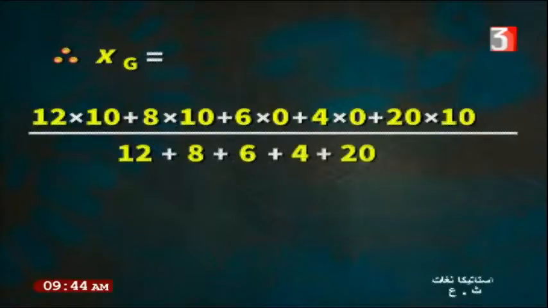By using the rule, the center of gravity of the system xg equals the sum of m1 x1 and so on, or 12 times 10, from the table: m1 12, x1 10, m2 8, x2 10, m3 6, x3 0, m4 4, x4 0, m5 20, x5 10, over the summation of all masses 12 plus 8 plus 6 plus 4 plus 20.